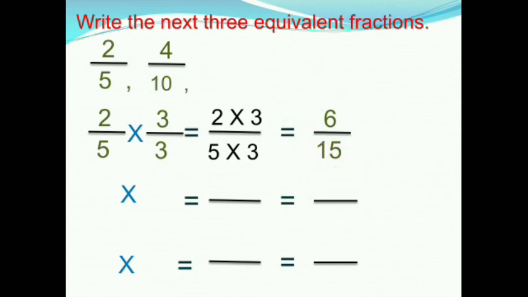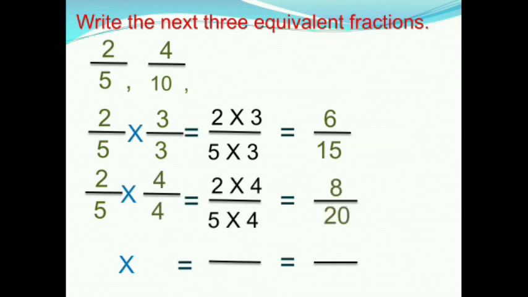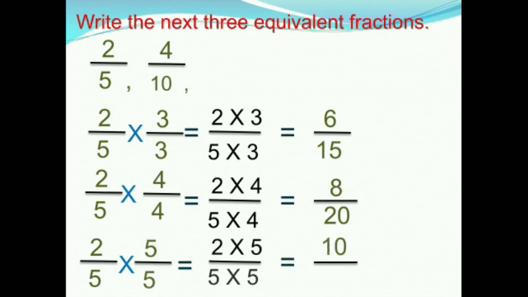Now we should find the next equivalent fraction. Now we will multiply the numerator and denominator by 4. 2 4s are 8. 5 4s are 20. The next equivalent fraction is 8 by 20. Now we will multiply the numerator and denominator by 5. 2 5s are 10. 5 5s are 25.